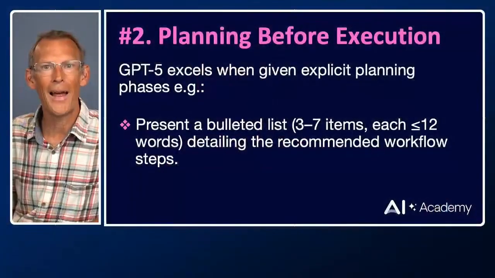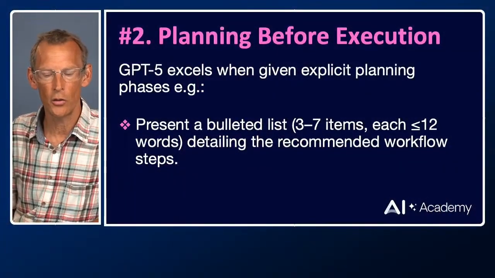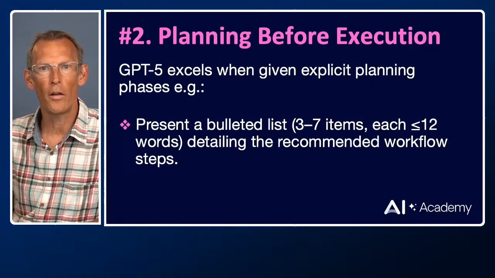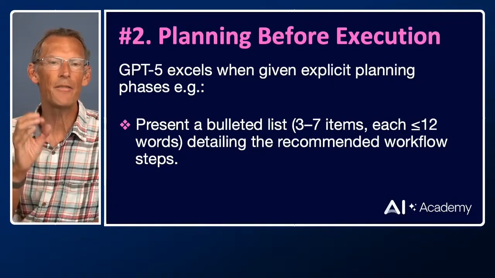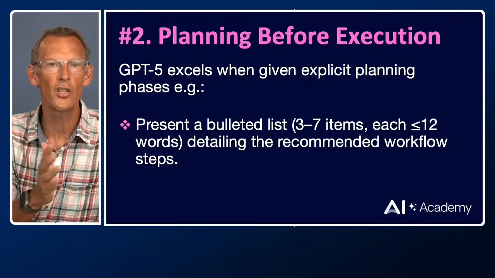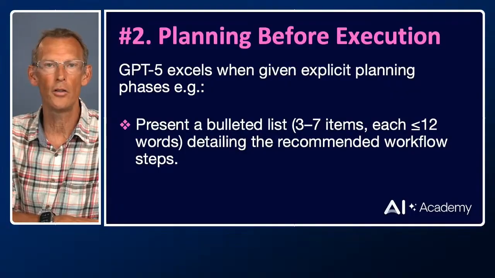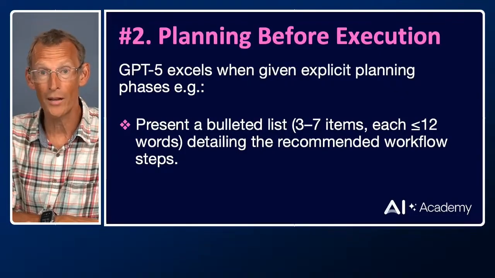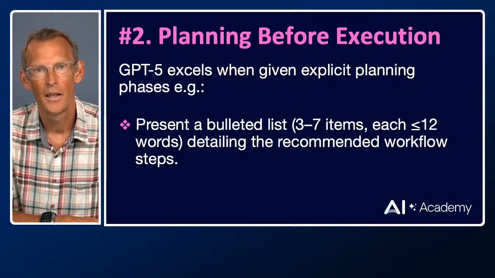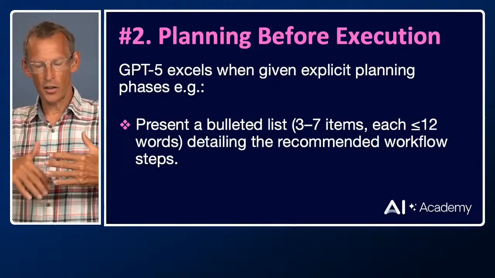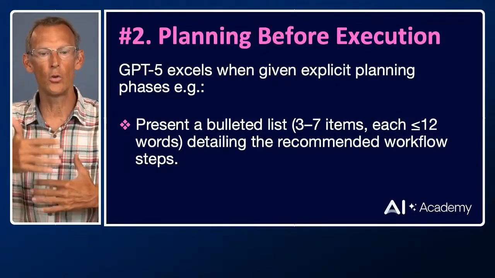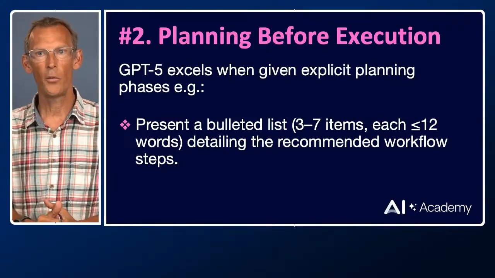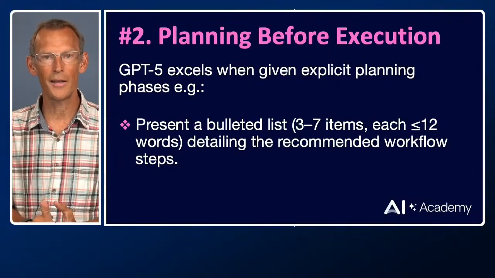Okay, tip number 2, and this one is very new to GPT-5, and that is planning before execution. So the OpenAI research team have told us that one of the things that will help us get better results, particularly if it's an important task, if you're doing some research, for example, and also if you're using agent mode as well, then what they say is that if we ask it to plan out how it's going to do the task in advance, then it gives a better result.